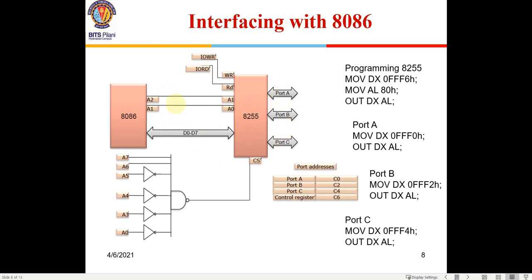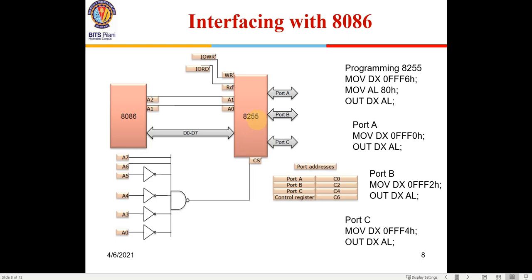These two lines will be used to select either port A, port B, port C. So you can leave aside these two lines, and with the rest of the pins you will have 2 to the power of 14. So you can use 2 to the power of 14 8255s. Is it okay?